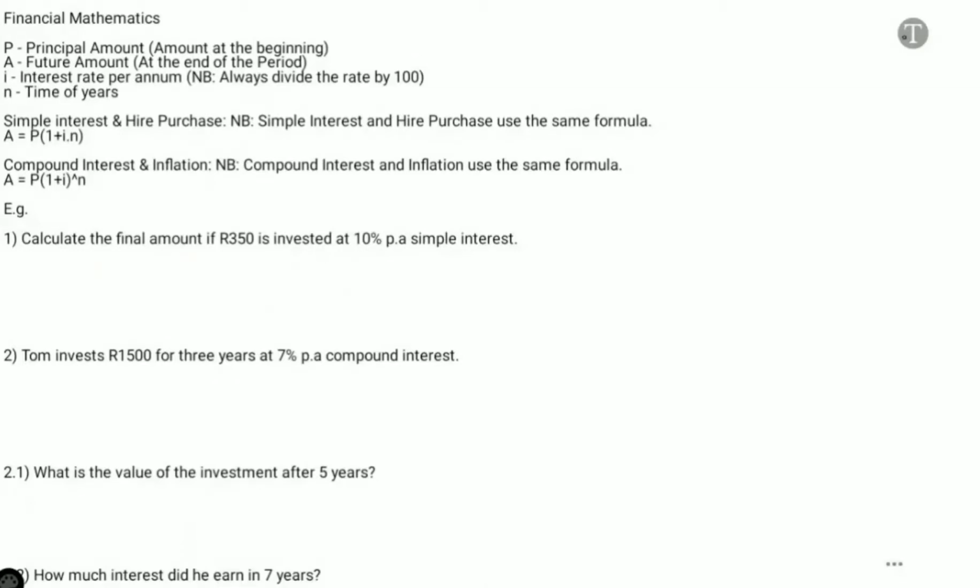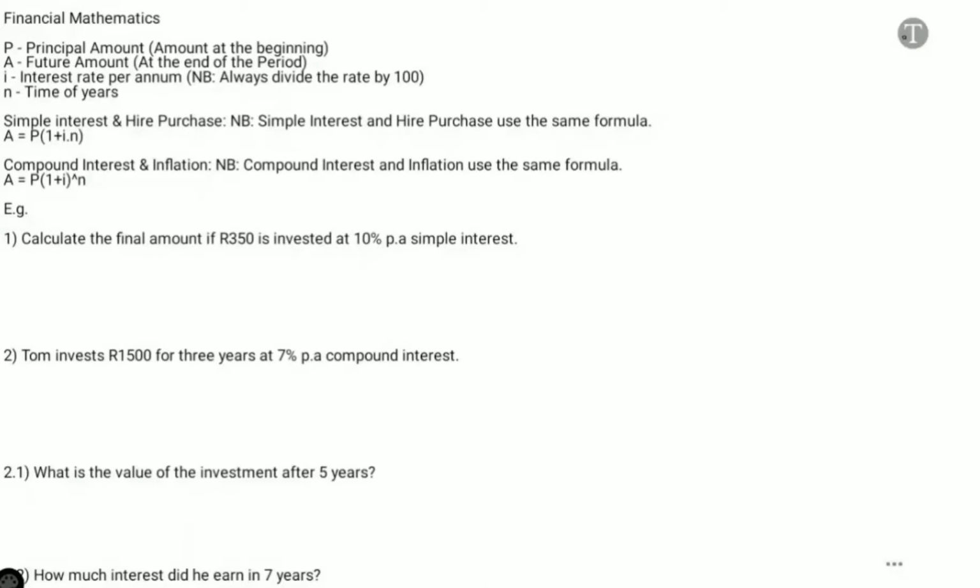Underneath that, we've got compound interest. Compound interest and inflation use the very same formula. It's A equals P, open bracket, 1 plus I, close bracket, to the power of N. Do you see that arrow that points up?